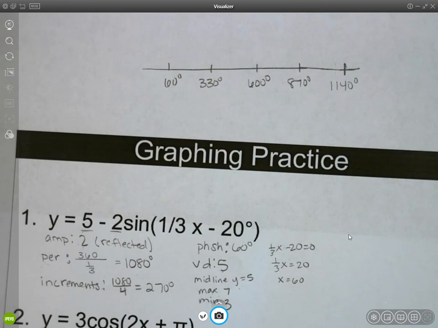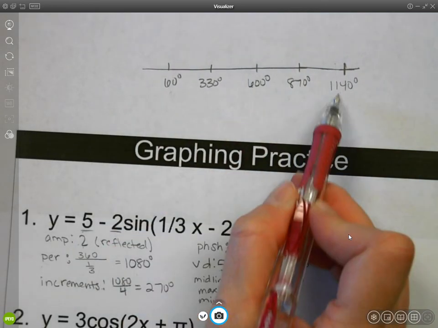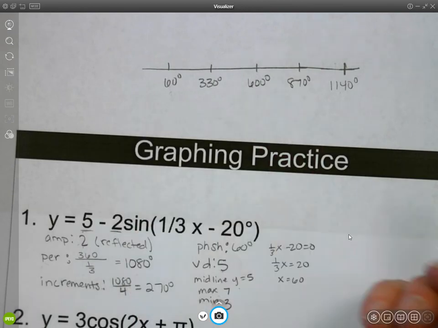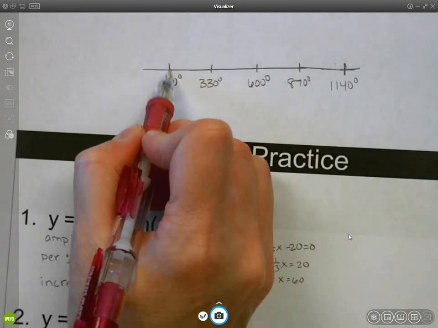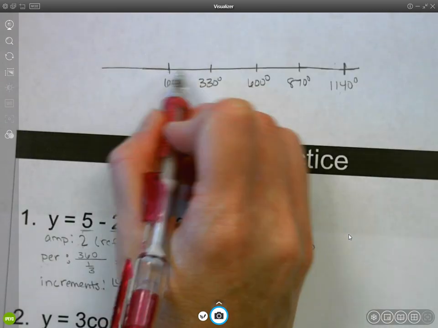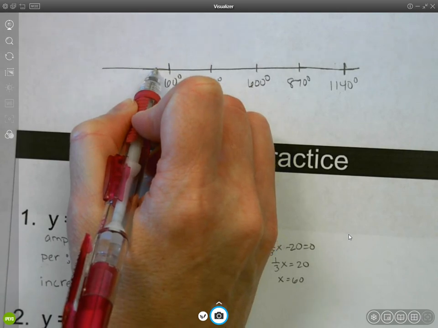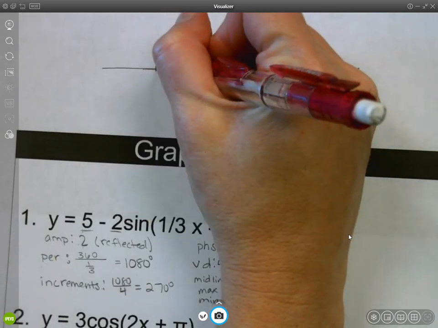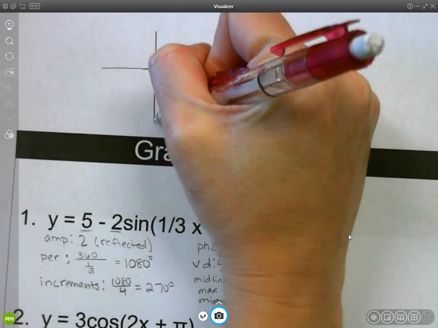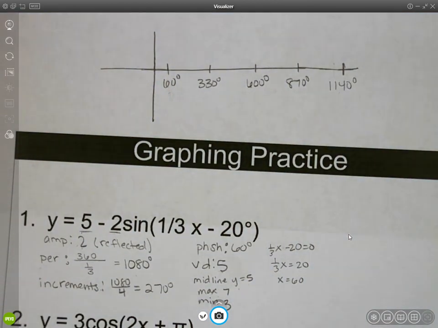All right, so once you have that, as long as you have covered 1080, and we have, then you know you're right. All right, so then you place your y-axis where it needs to go. And so it's going to go real close to the 60, because that's a gap of 270. So probably somewhere around in here is where 0 would be. And again, I'm not asking for perfection. Just put it to the left of 60 a little, and you're going to be okay.